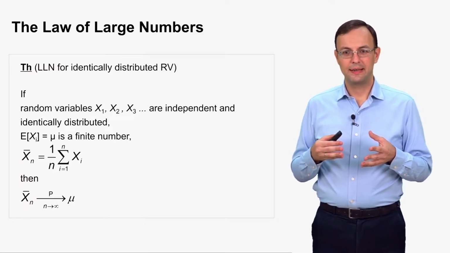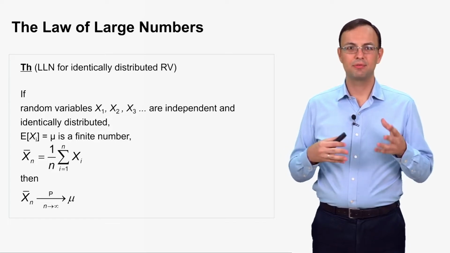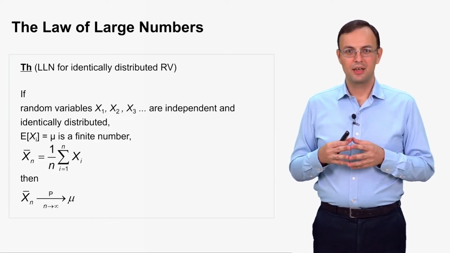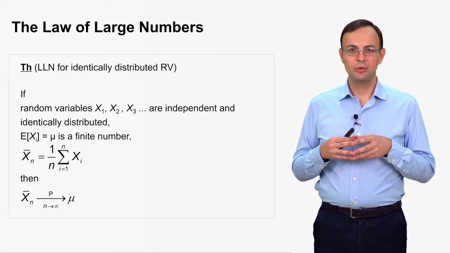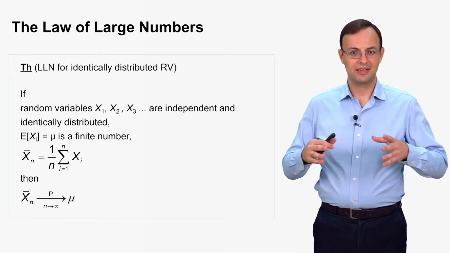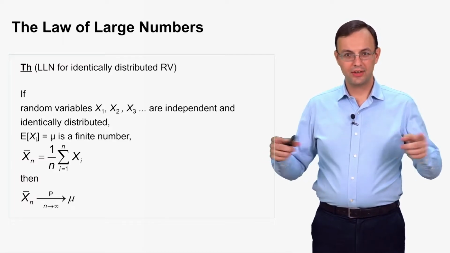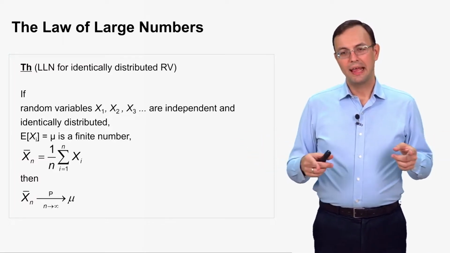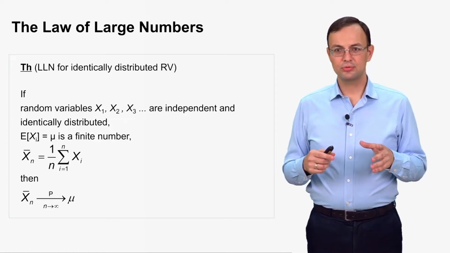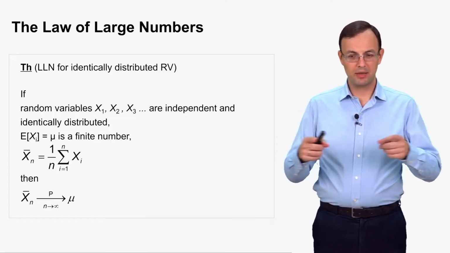Let me give you a little example. Let's imagine that you have a table and you want to measure the length of this table, but you have no measuring tape.